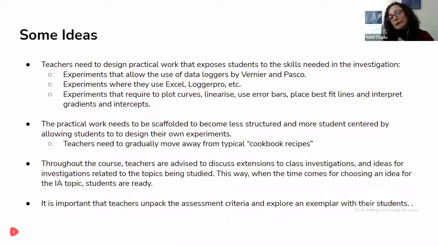However, as a teacher, you need to be ethical in the sense that you do not guide them step by step on what to do and what to write all the time. It is an individual investigation. It should be independent to a certain extent.